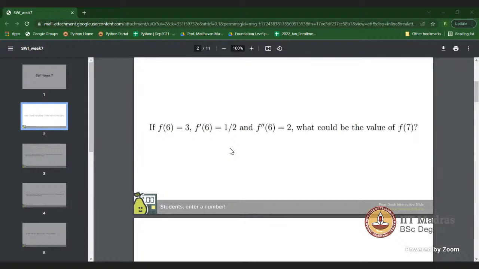So we just need to substitute the value there. The delta will be equal to 7 minus x, which is 1. Once we substitute that, we'll get the answer.